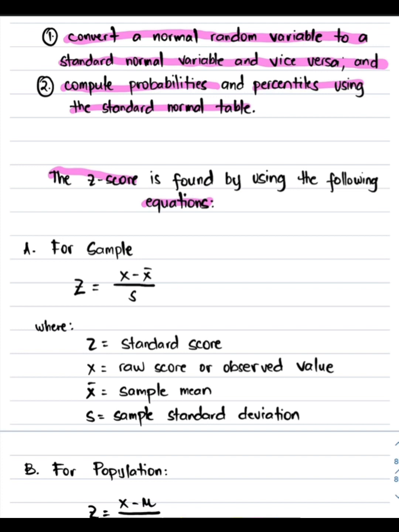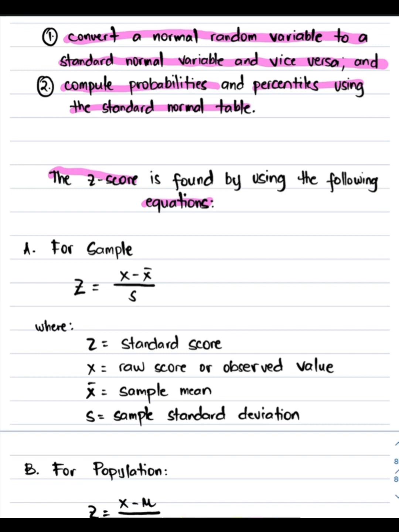In converting a normal random variable to a standard normal variable, first we need to identify the z-score. The z-score is the measure of how many standard deviations a given value x is above or below the mean. So the z-scores are useful in comparing observed values.